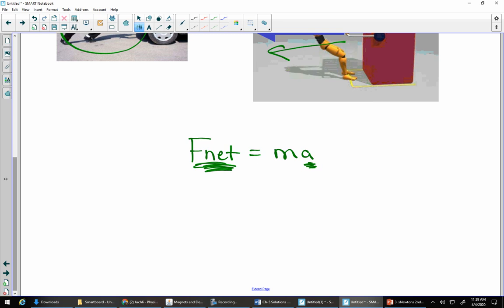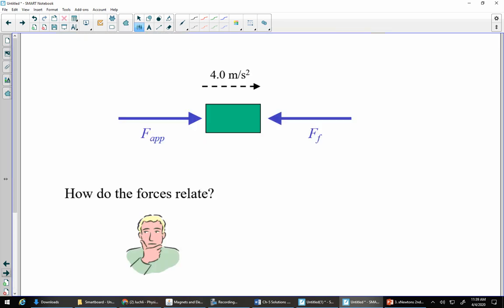So if acceleration is in the positive direction, my net force is in the positive direction as well. Because remember, these are indeed scalars, so that's the only place where you'd see direction, because mass does not have direction. You can't have a negative mass, realistically.